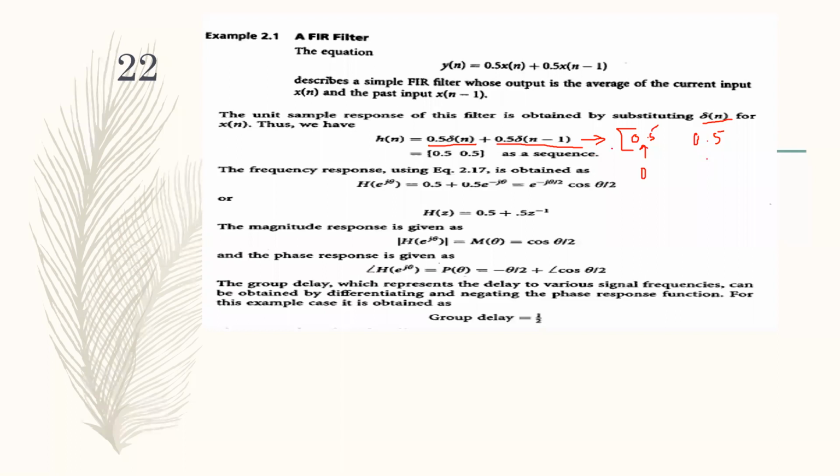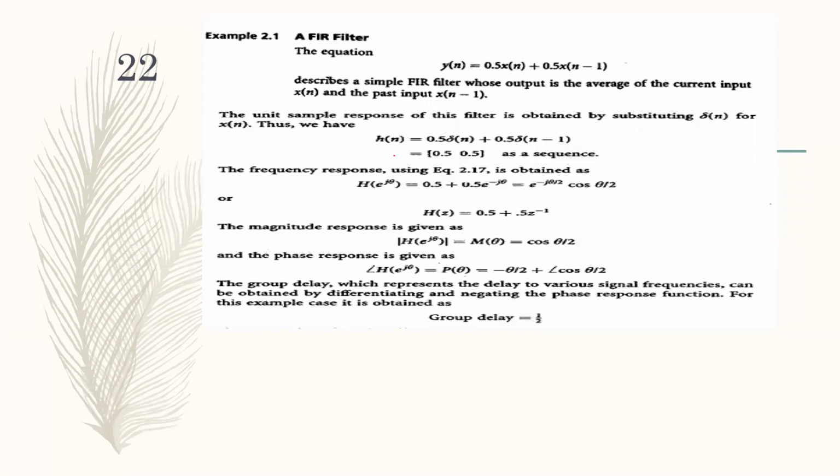When you have discrete sequences, this is how you represent it. So this gives you the overall response, that is h of n. So h of n is 0.5, 0.5. This is the sequence for this difference equation.